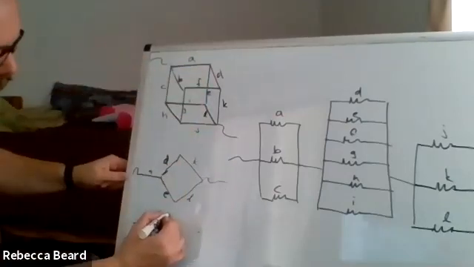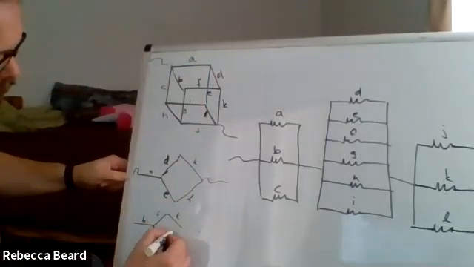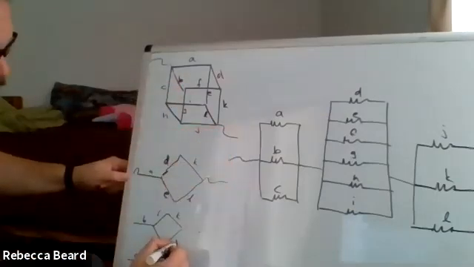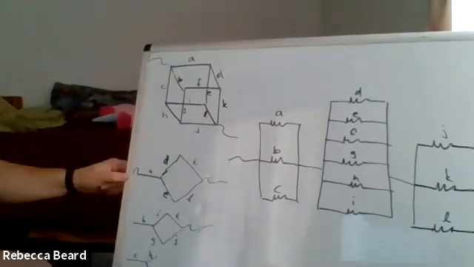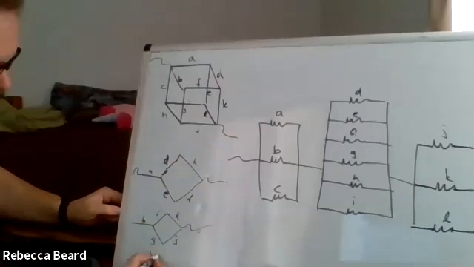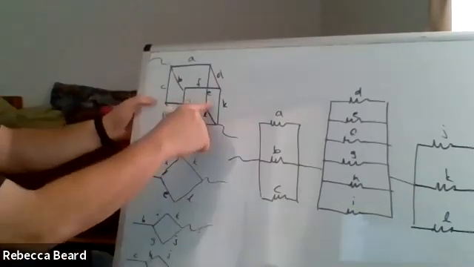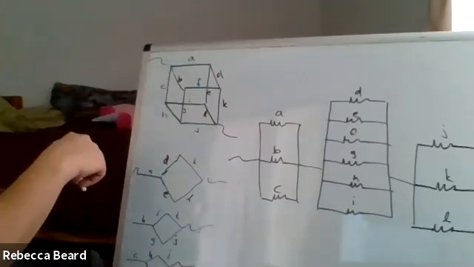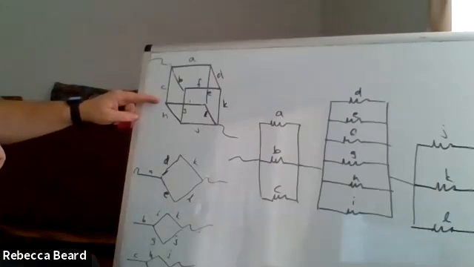F goes to K. G goes to J, and goes out. H goes to J, and I goes to L. Did I get all those right?